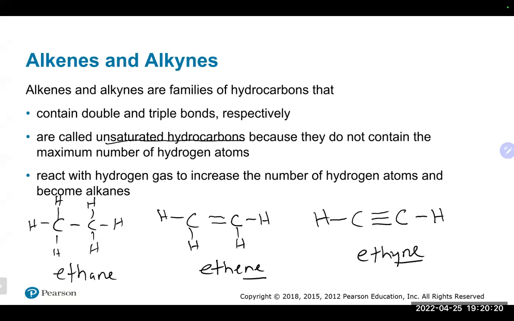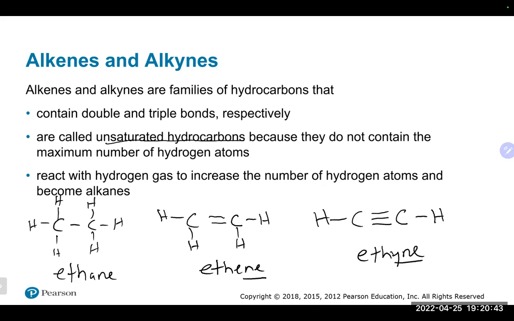Now, unlike alkanes and similar to alcohols that we just talked about, it is the double bond and triple bond that is the priority in terms of numbering when you name it. So it's always a double bond or triple bond that needs to get the lowest number when you go about naming it.